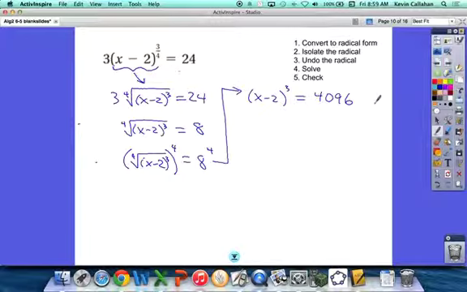All right, now on the last slide, we had to take the square root of both sides just to get at the x minus 2. What will we have to do on this one? Take the cube root of both sides. The cube root of a cube is just what's inside. And what's the cube root of 4096? 16. Okay. So we undid the radical, and now we're solving this equation. One more step.